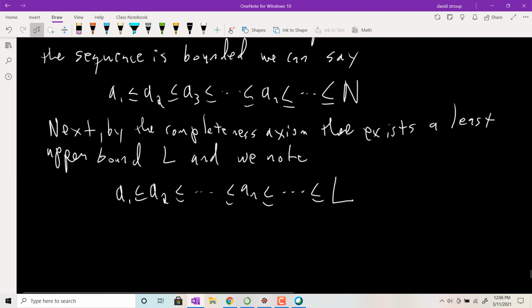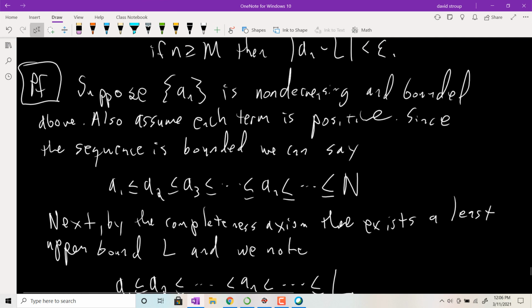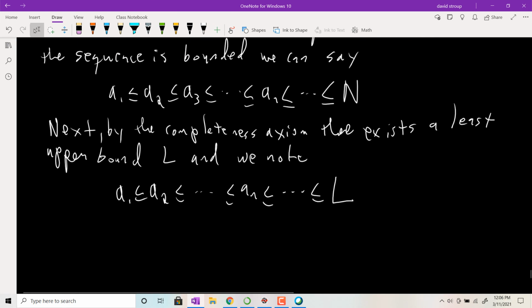This is going to be the limit, and the sequence is going to converge to this number L.